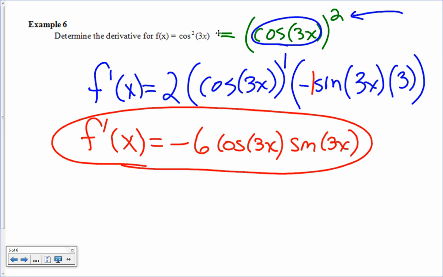That's about as hard as they can get: this quotient and chain together, or chain and product together, or chain inside chain. But again, think of doing that one by the definition. You'd have an x plus delta x in your angle that you'd somehow have to get out. And I don't foresee that being very easy.